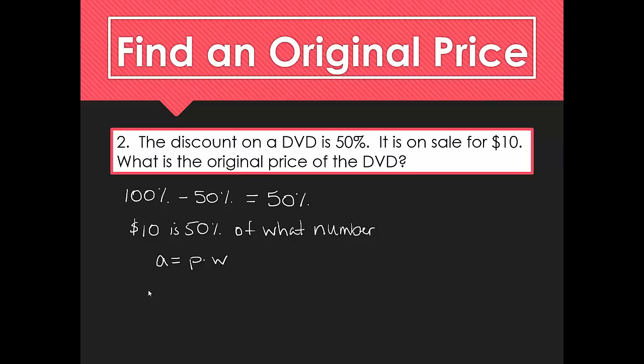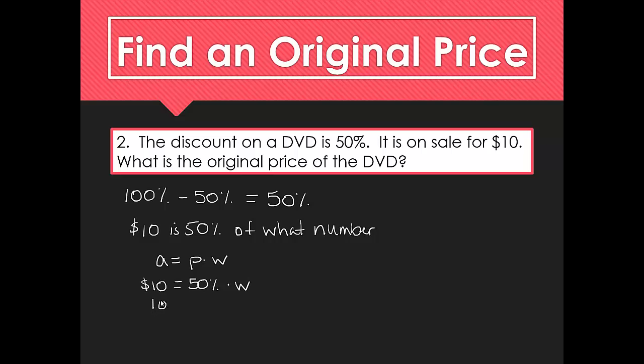So $10 is our part. The percent is 50%. And of what number is the W, or the whole? We don't know that part. So now we need to go ahead and convert the 50% to a decimal.